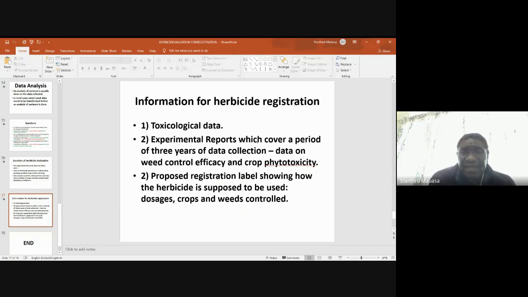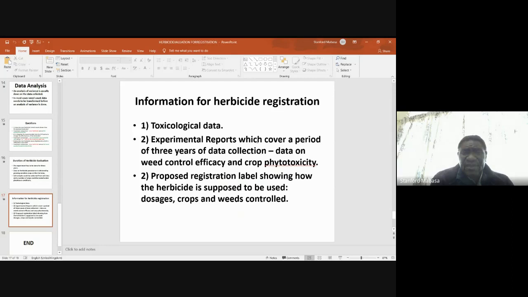Information for herbicide registration. What do they want? Normally, they want toxicological data. Number two, they want experimental reports which cover a period of 3 years of data collection, data on weed control efficacy, and data on crop phytotoxicity.